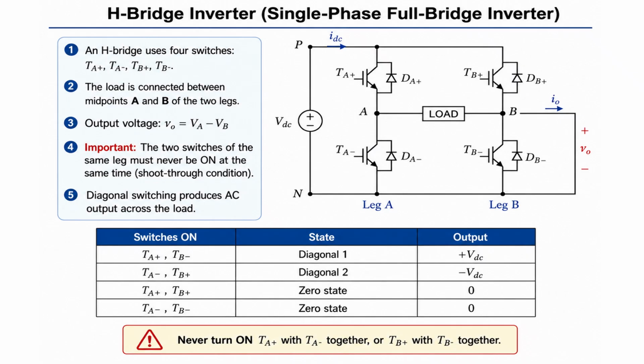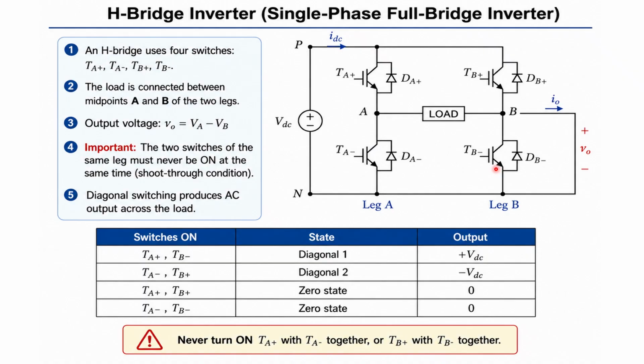Here the load is connected between point A and point B. The output voltage V output is equal to VA minus VB. So this output voltage across the load is equal to VA minus VB.